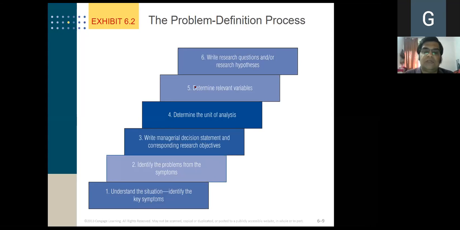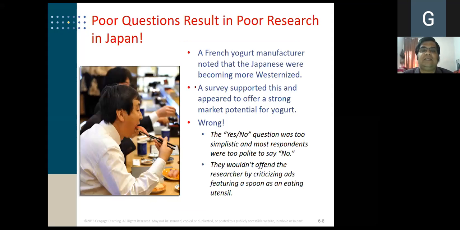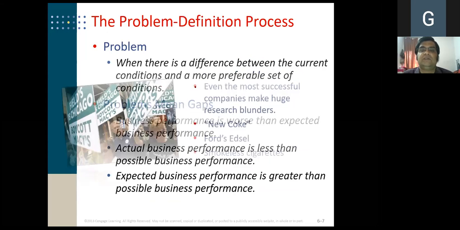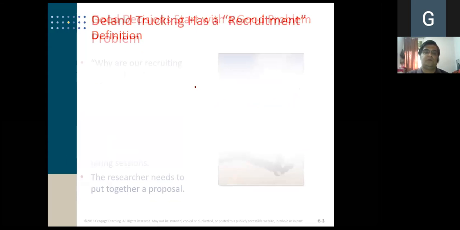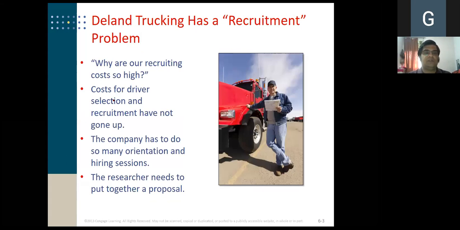Now, how do we do that? I will do that with the help of a small case so that you understand it very well. It's not really a caselet, it's just a situation. It is a specific company, a trucking company called Deland Trucking.